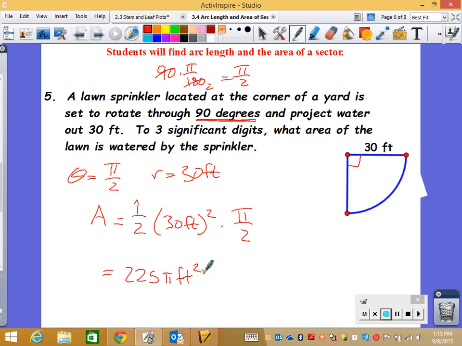But 225 pi, I really don't know what number that is. So we would plug that into our calculator again, and it comes out as 707 feet squared. Now that is 3 significant digits because we count starting from the left, and we get 3 digits. So we don't have to go any more than just 707 feet.